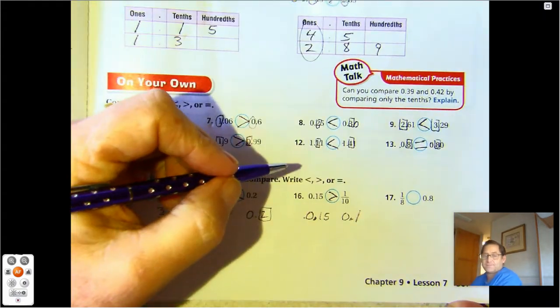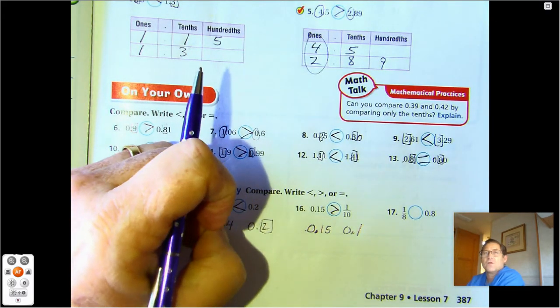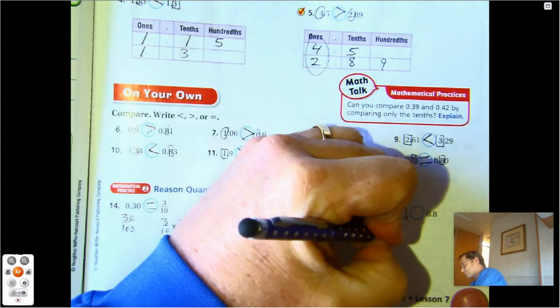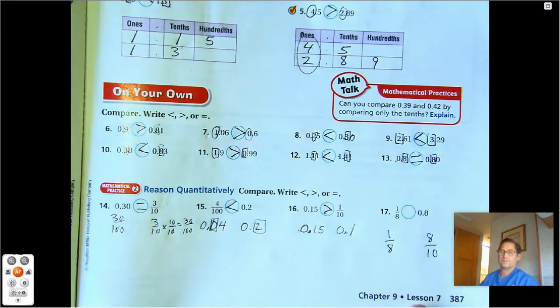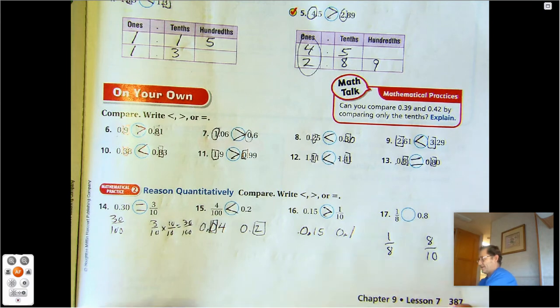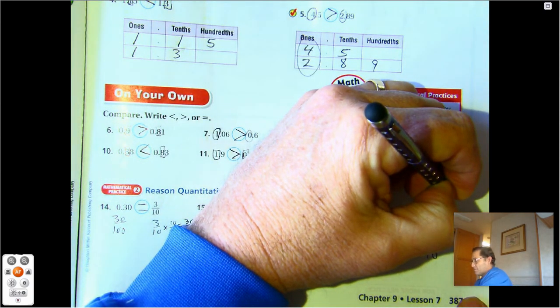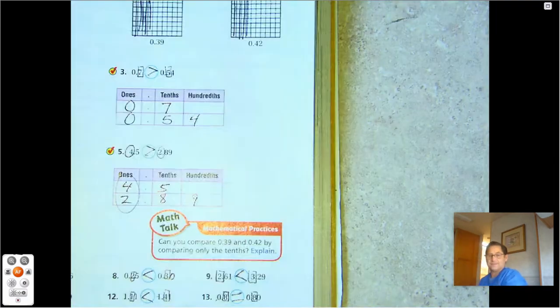And 1/8 compared to 8/10. Well, we can find a common denominator by finding the least common multiple of the two numbers. So 8 and 10.